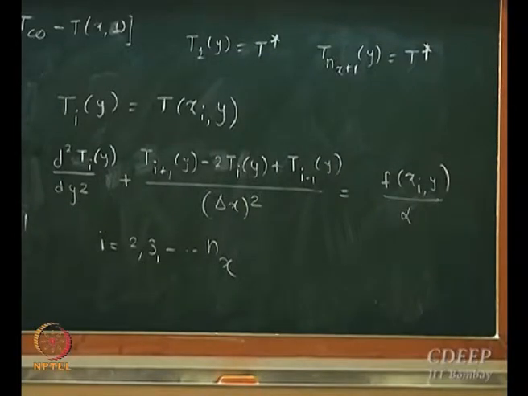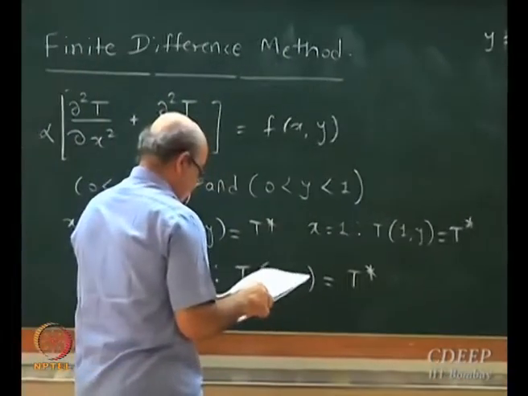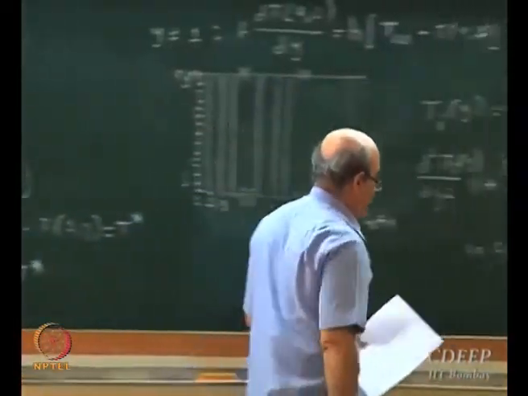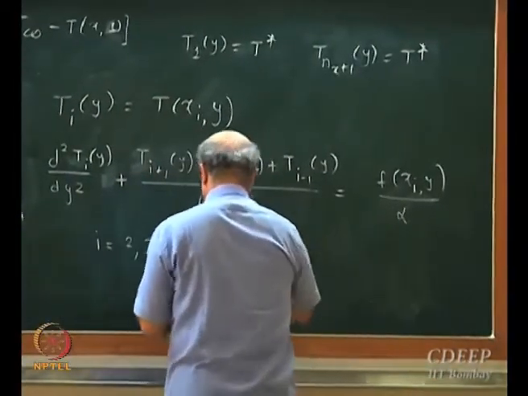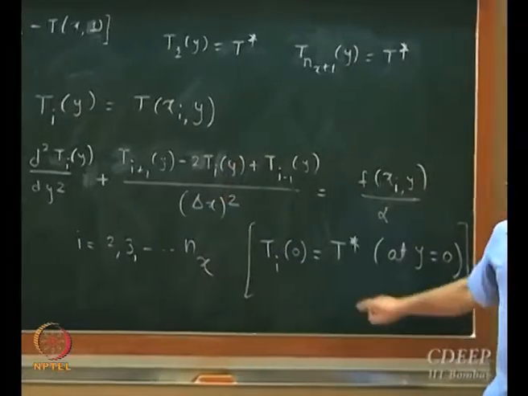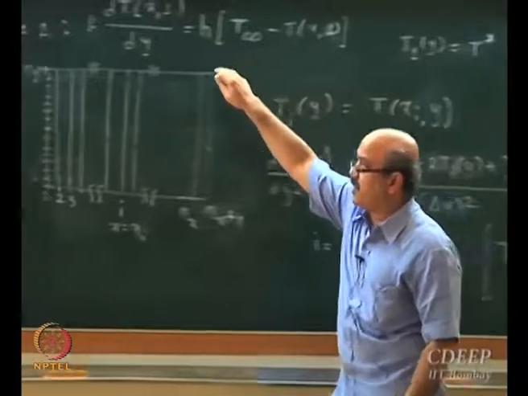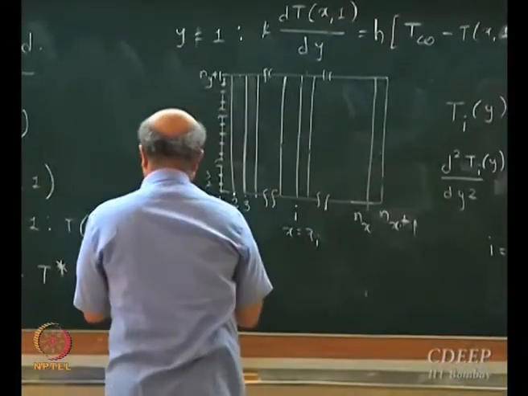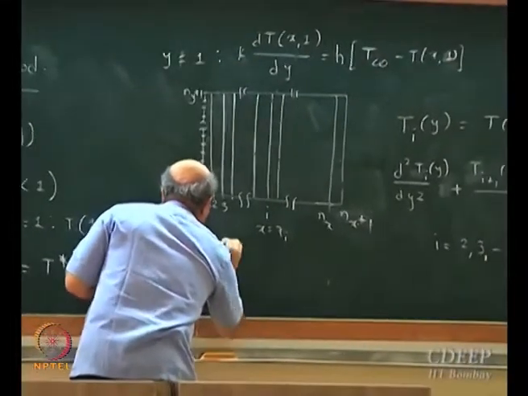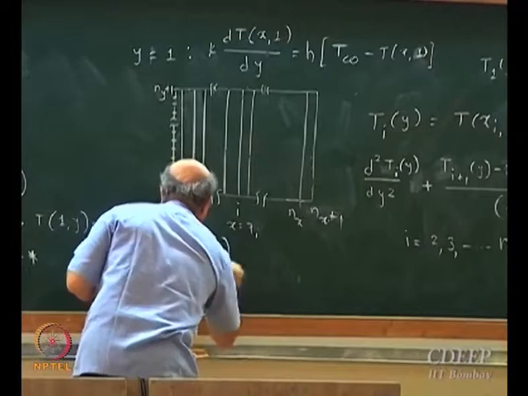If I just write them in, well, we don't have space here, I'll write it here. This is one of the boundary conditions, and the second one will come because of discretization of this, and that would be k T_i1.